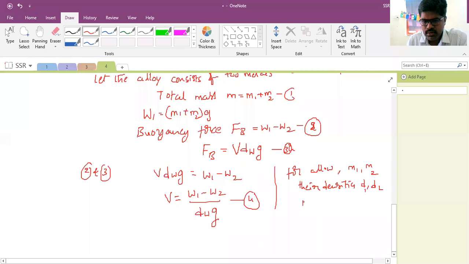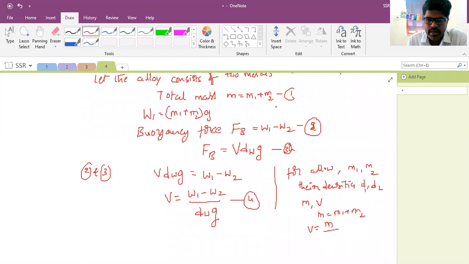Total mass is M and total volume is V. Then M is equal to m1 plus m2. Volume is total mass by density, but the total density we can't take.